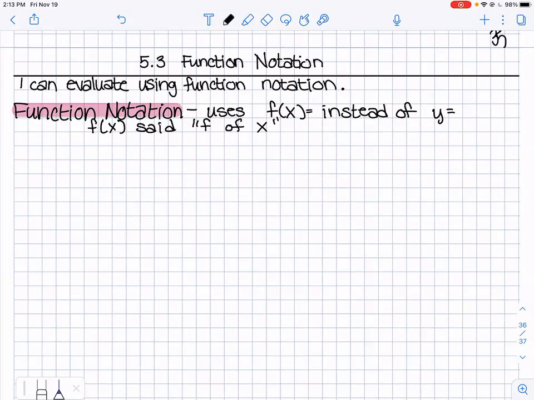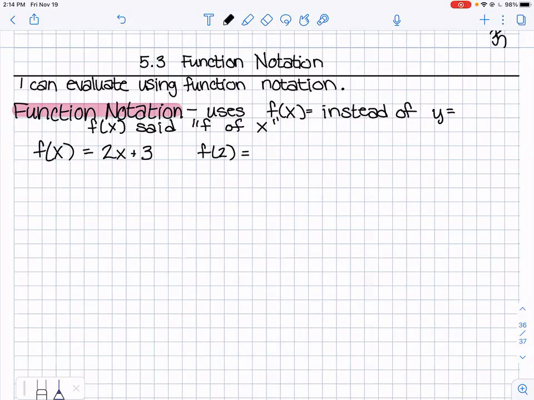Function notation. How this works, they'll give you a rule, f of x equals 2x plus 3. Instead of saying x equals 2, solve for y, they say find f of 2. Well, what happened? Instead of f of x, it's f of 2. They just replaced x with 2, right?